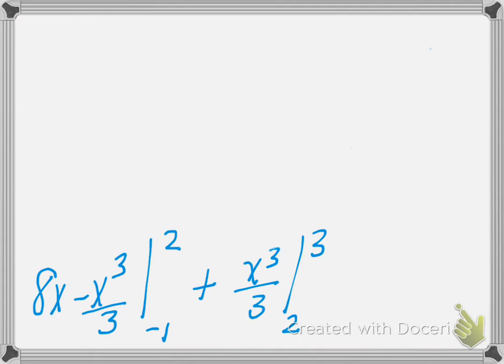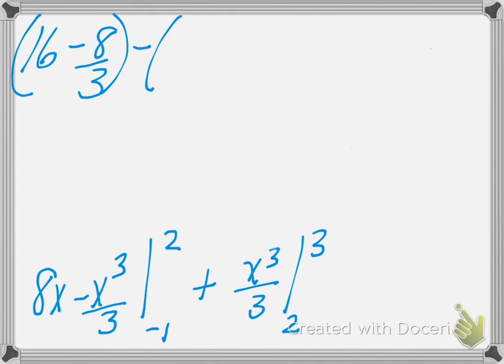Okay, so I'm going to work with the first one. Let's put 2 in there. So 8 times 2 is 16, minus 2 cubed is 8, 8 over 3. That's what happens when you put a 2 in there. Minus, when we put -1 there, 8 times -1 is -8, minus a -1 cubed is a -1 over 3.